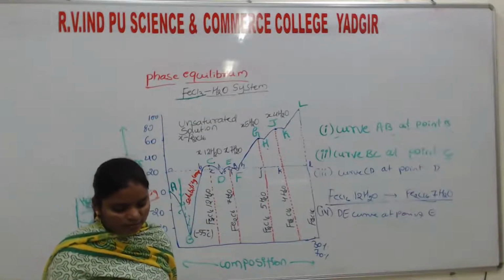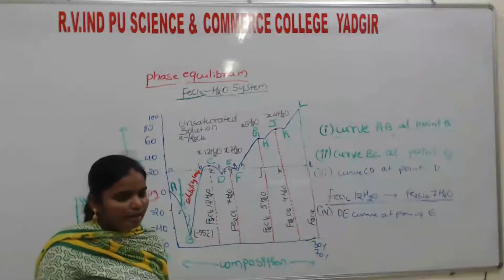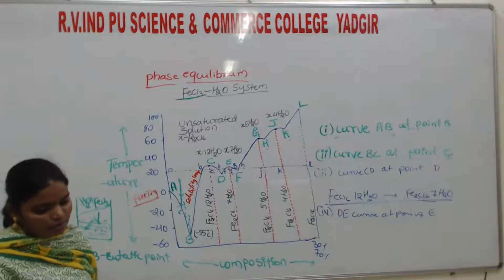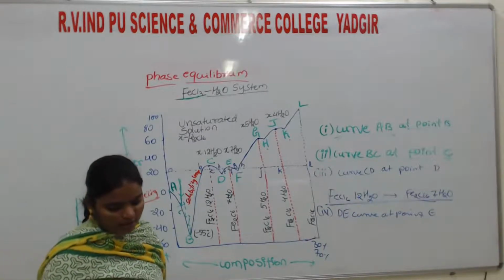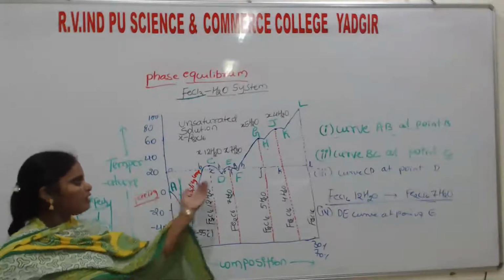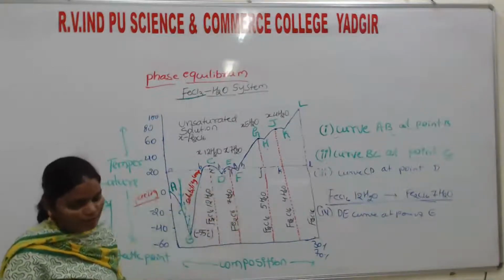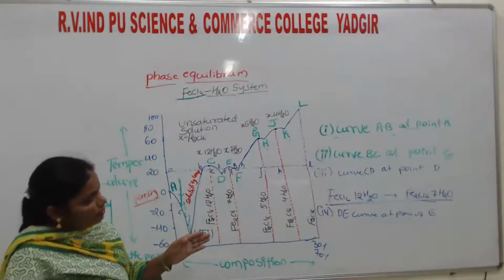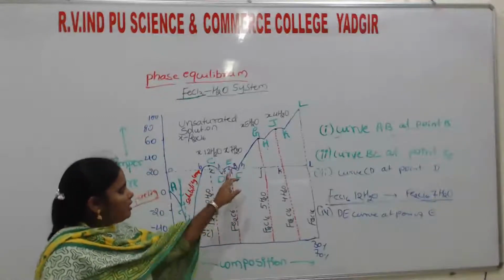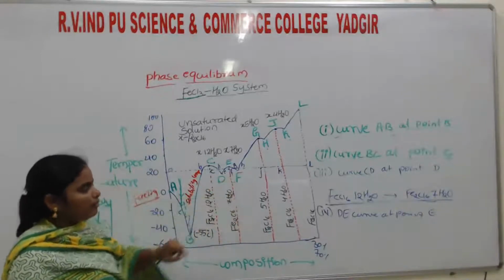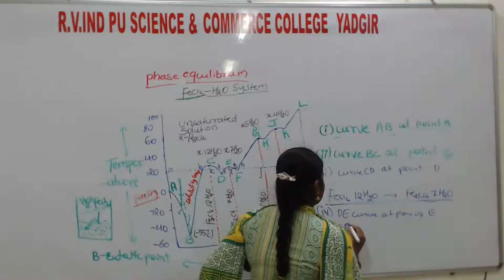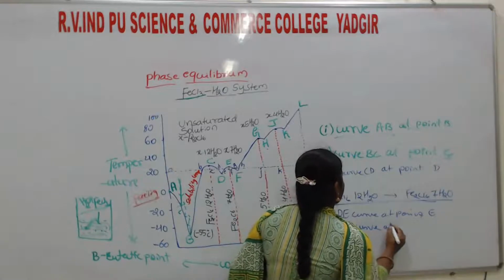Here also is the congruent melting point of Fe2Cl6·5H2O, and this is the congruent melting point of the 7H2O. Next, the DE curve at point E. Next, the EF curve at point F, the fifth curve.